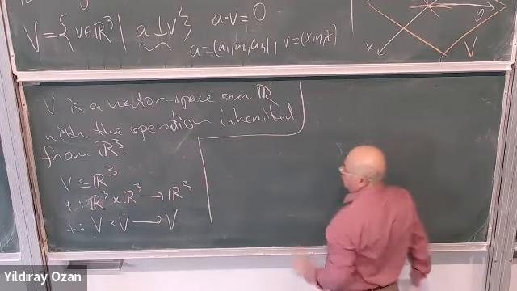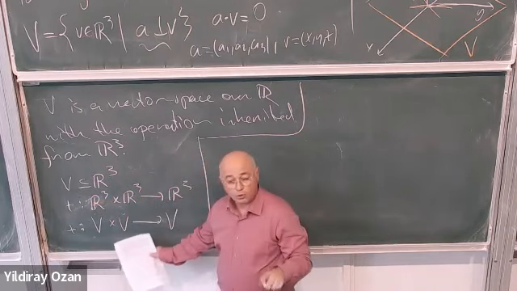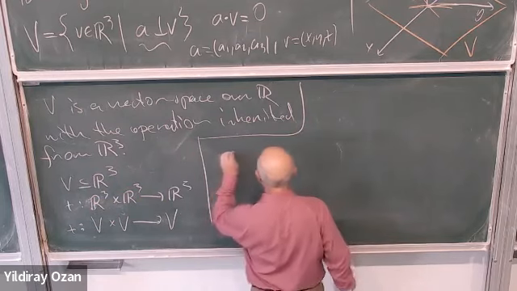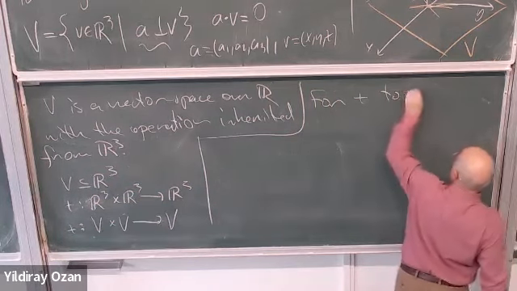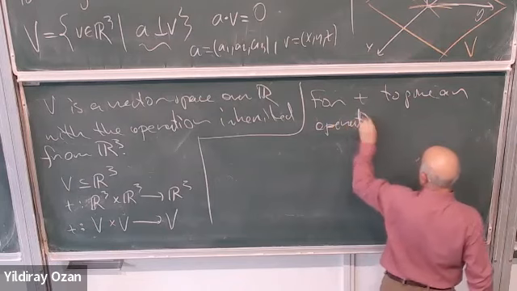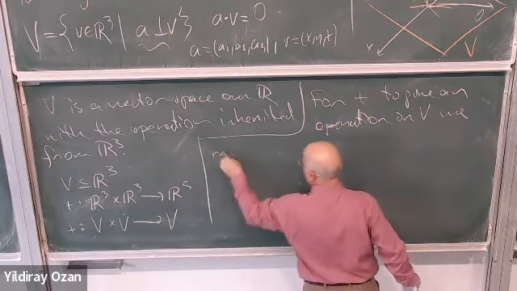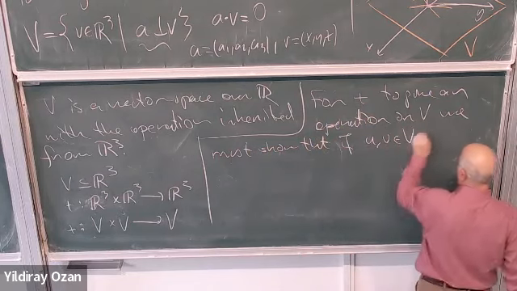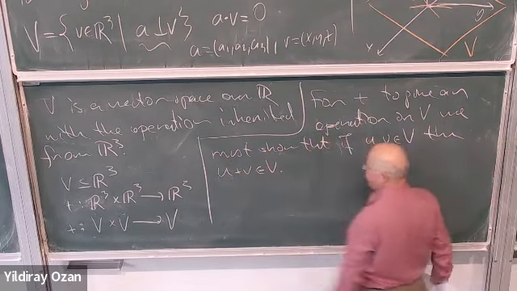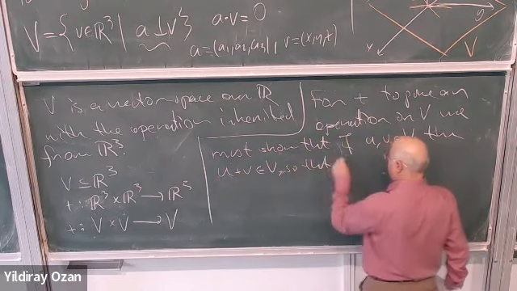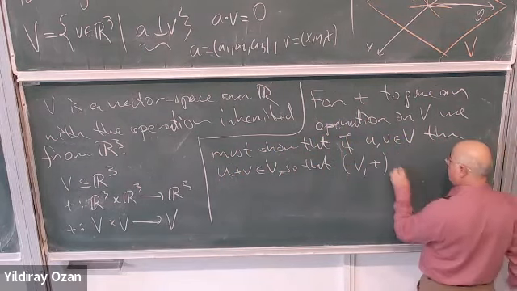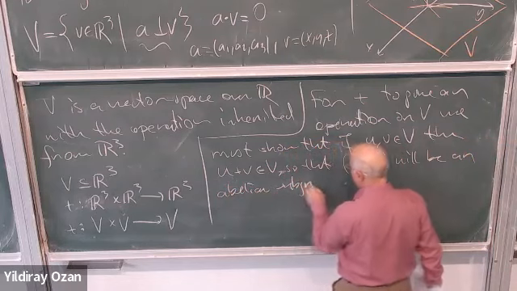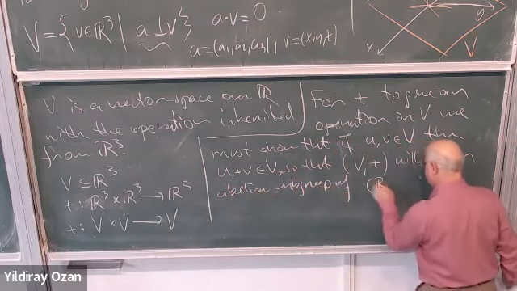So we need to prove that the sum of two vectors in V is another vector in V. Okay, for plus to give an operation on V, we must show that if U, V are in V, then U plus V is in V. So that this gadget will be an abelian subgroup of R3 with plus, right?